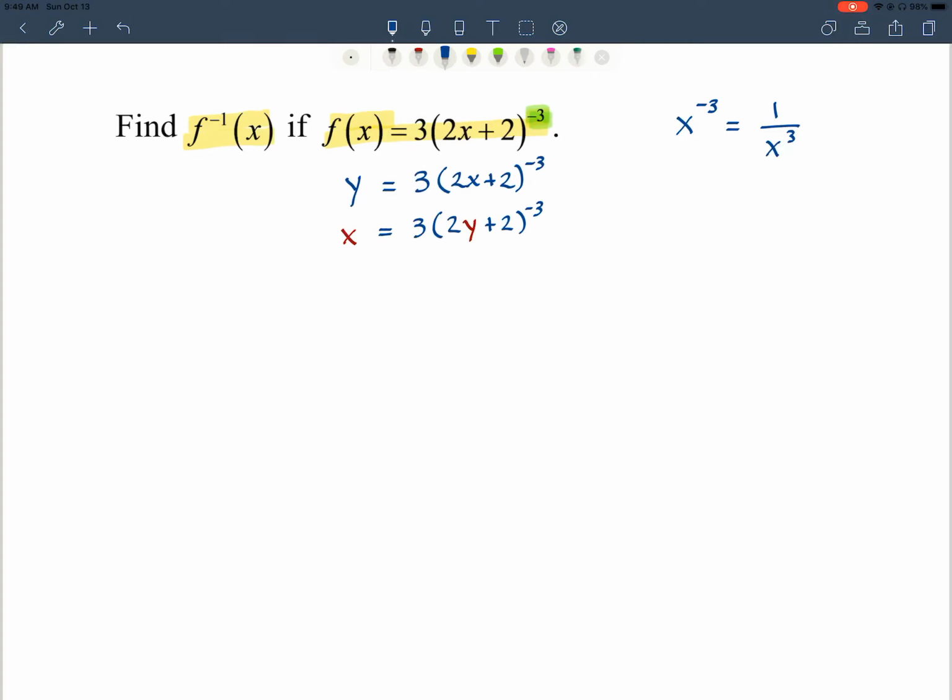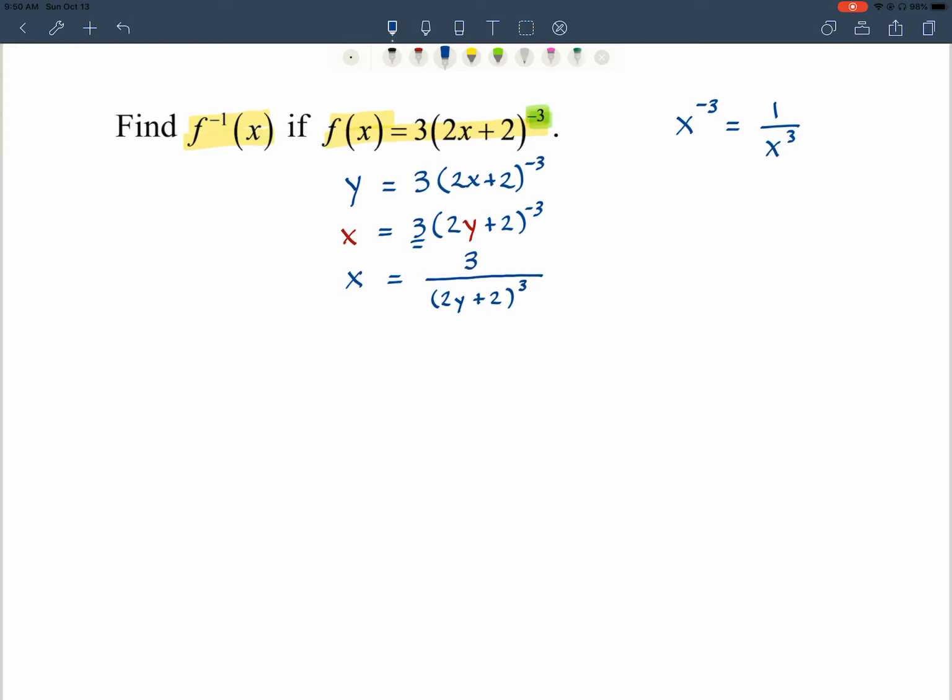So when we rewrite this here, we've got 3 over the quantity of 2y plus 2 raised now to the positive third power. Remember, this 3 is not being raised to the negative third power, so it has to remain in the numerator. Now that still equals x. In order to be able to solve this for y, we can't have y down in the denominator.